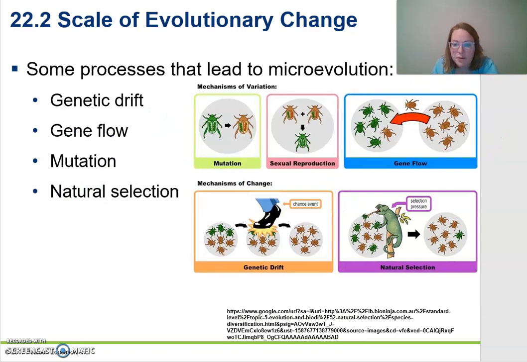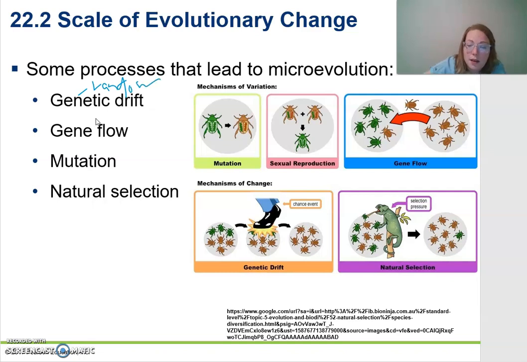This is a really important general biology topic: the different ways that we have microevolutions, the changes in allele frequencies in a population. First, genetic drift. That's just random chance that some individuals bred and some didn't.